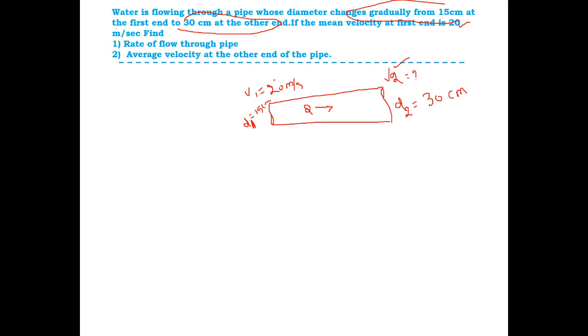First, let us take first end. At the first end, diameter of the pipe D1 is equal to 0.15 meters.